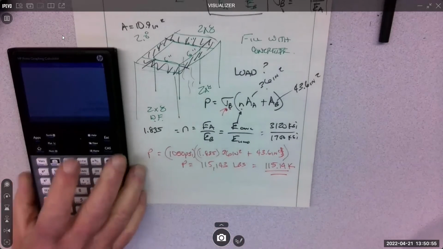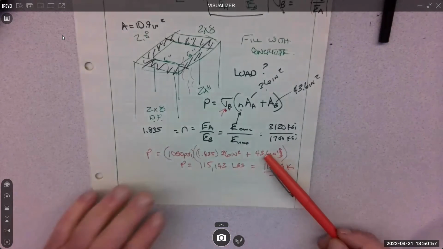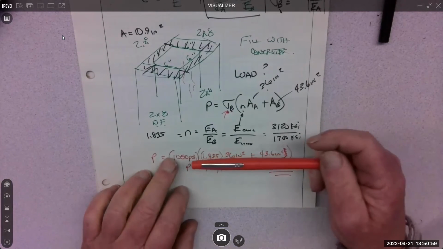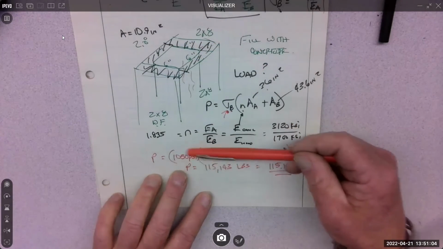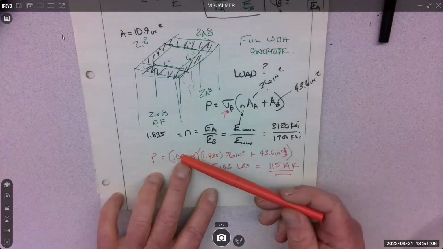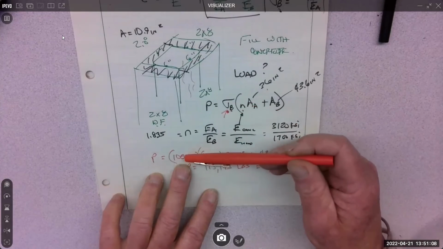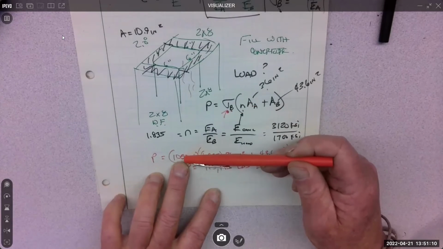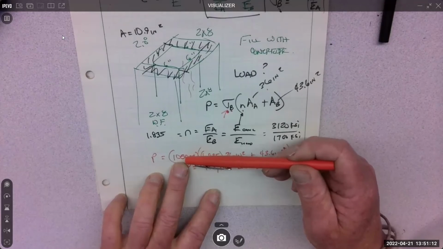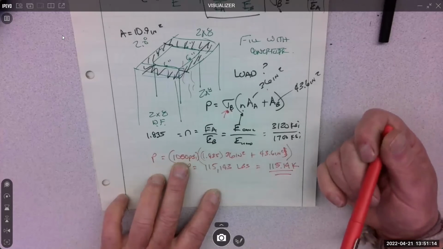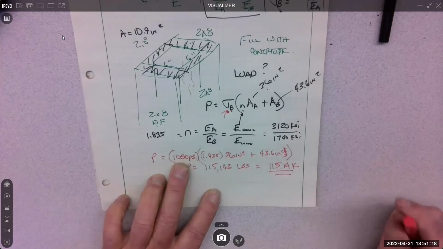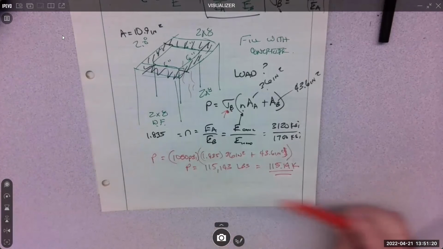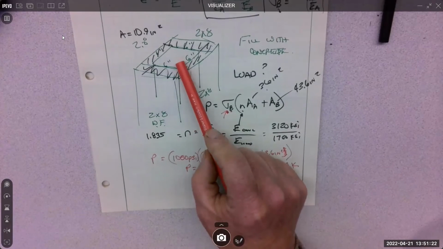And the way this equation works is it loads the weaker material, the wood, all the way up to its limit. That's why we put that stress of B in here. The concrete's probably not pressed all the way to the limit. More than likely it's not. But the wood is maxed out.